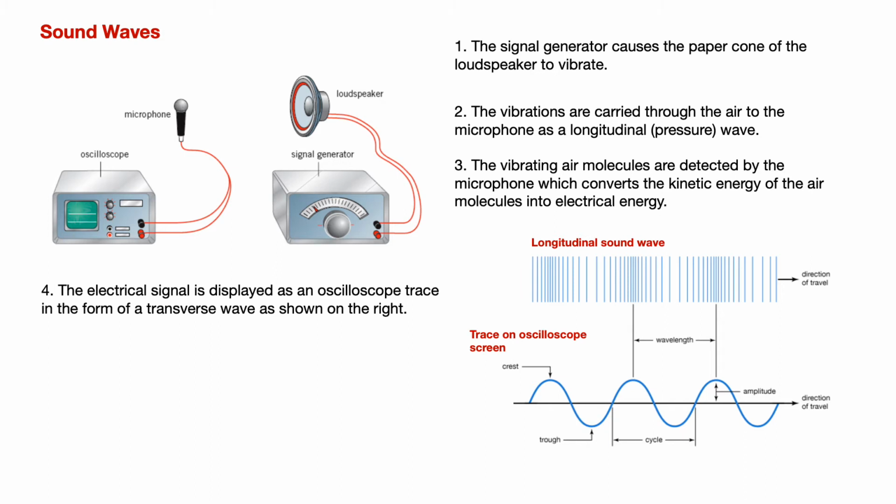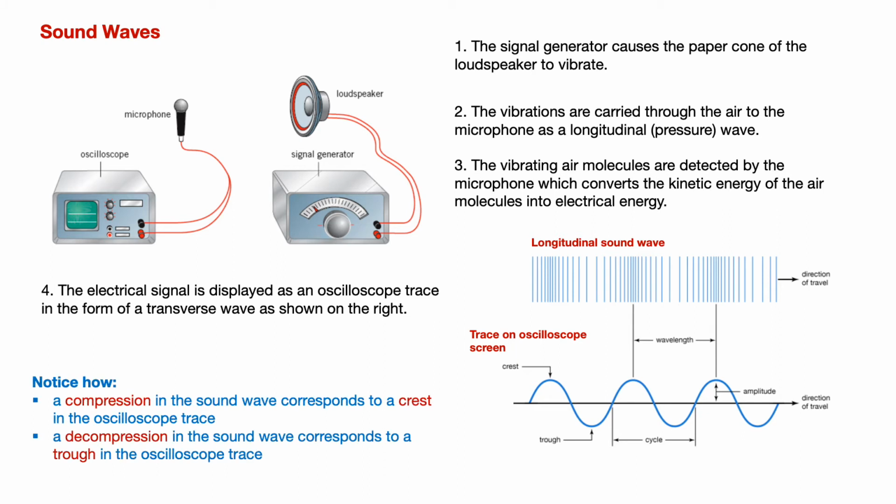So the wavelength of the actual sound wave, the distance between two adjacent compressions, is represented on the oscilloscope trace by the distance between two adjacent crests. The louder the sound, the bigger the amplitude, and we'll say more about that shortly. So to sum up, a compression in the sound wave corresponds to a crest on the oscilloscope trace, and a decompression corresponds to a trough.